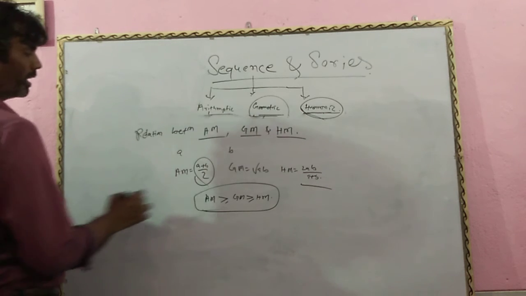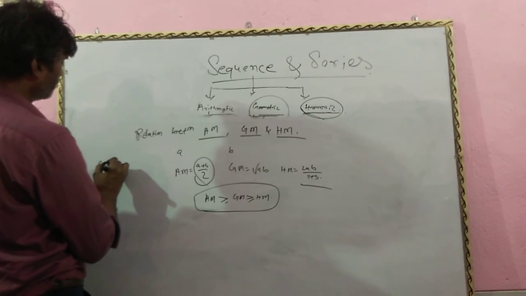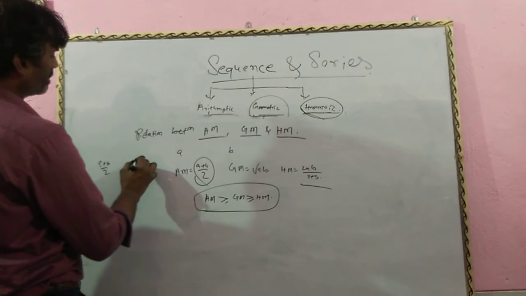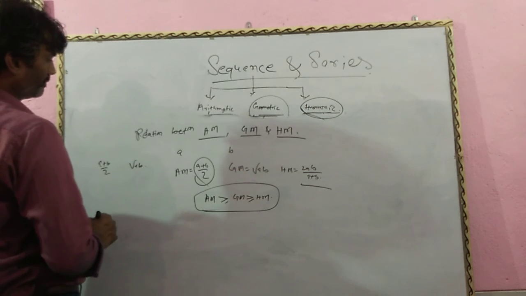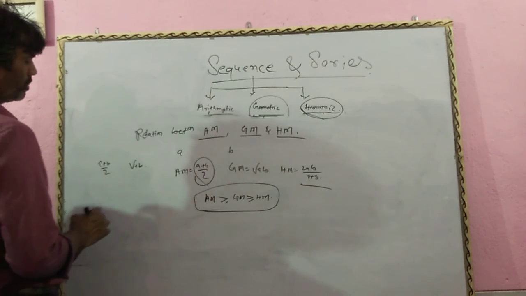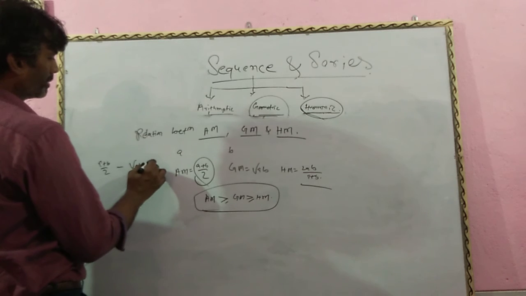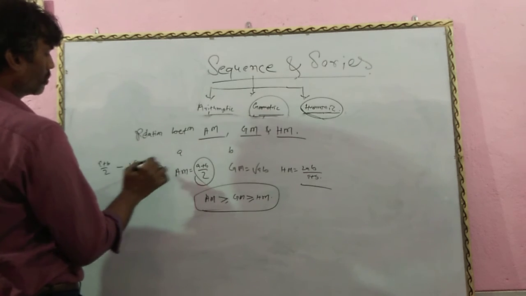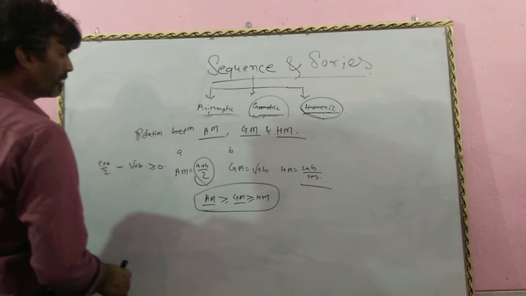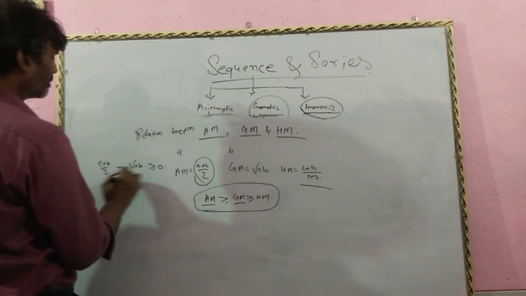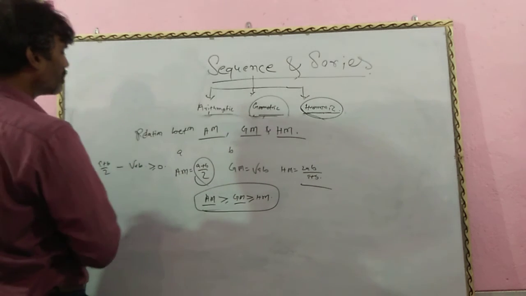Arithmetic mean is a plus b by 2, and geometric mean is root ab. You have to prove arithmetic mean minus geometric mean is greater than or equal to 0.